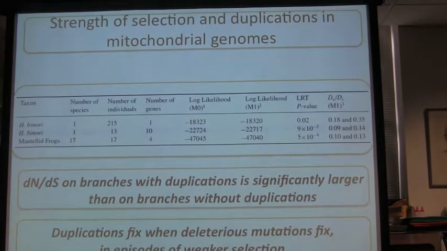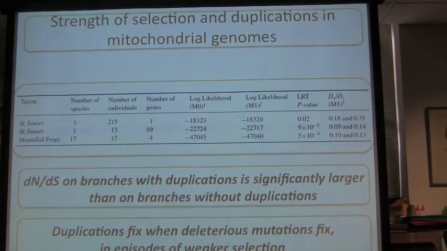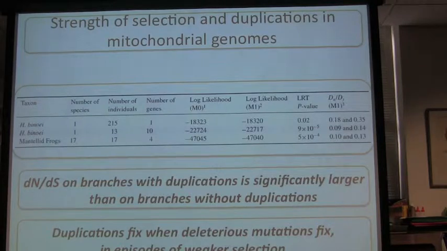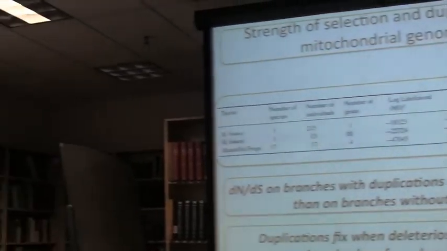Because when selection is weaker, then you have more drift, and you happen to see that you have more duplications. So basically, these results support the idea that duplications can arise in genomes through drift. And basically, the idea that genome complexity arises through drift is supported by these results.